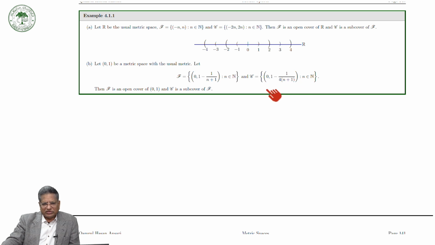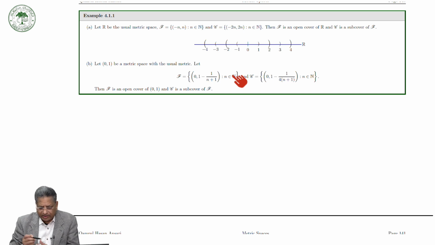This is a subfamily of the family F. We can take other subfamilies too, like (0, 1 minus 1 over 2n plus 1) or 1 over 3n plus 1. These are open intervals, so they are open sets in (0, 1).